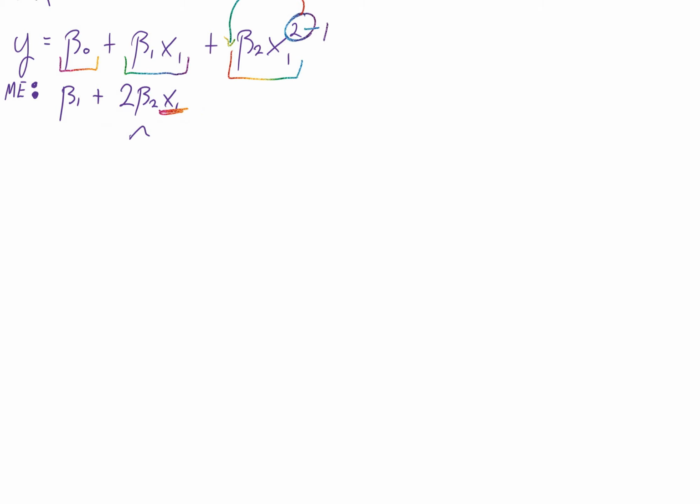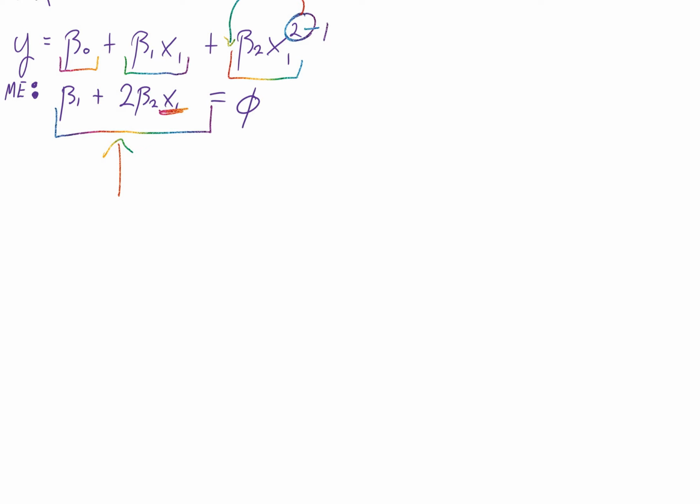Then we could find where the slope is equal to 0. The derivative of this function is effectively the slope. So what we want to do is find where this equals 0, so all we have to do is set it equal to 0.